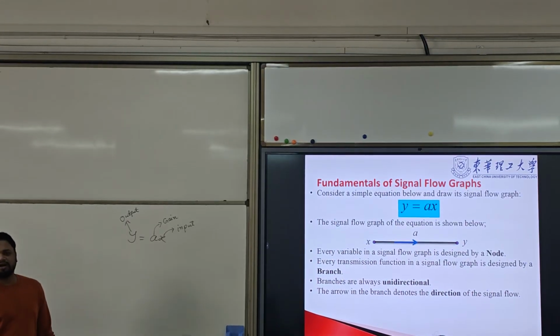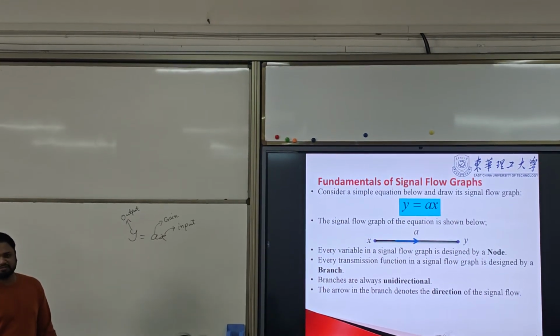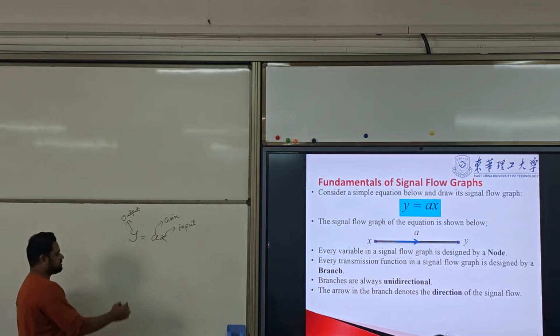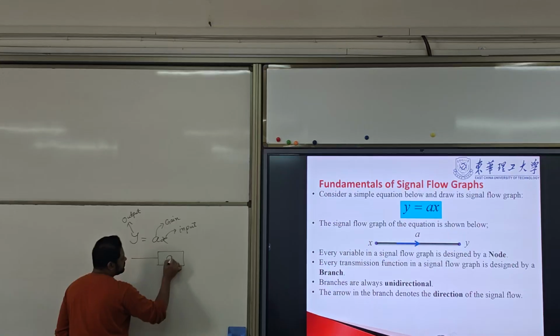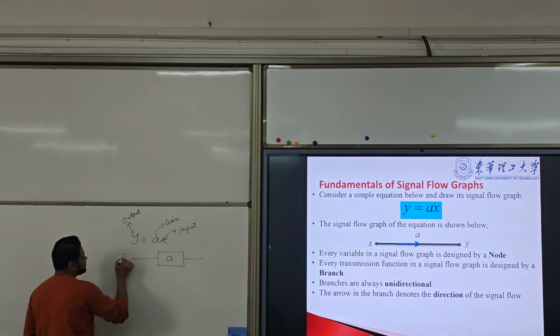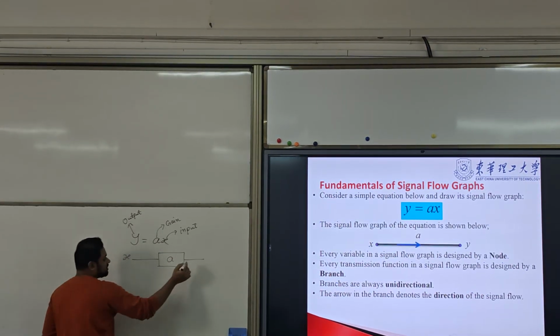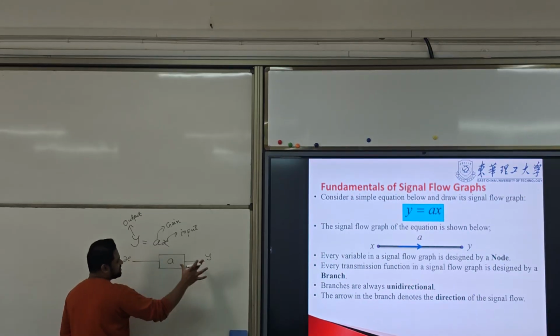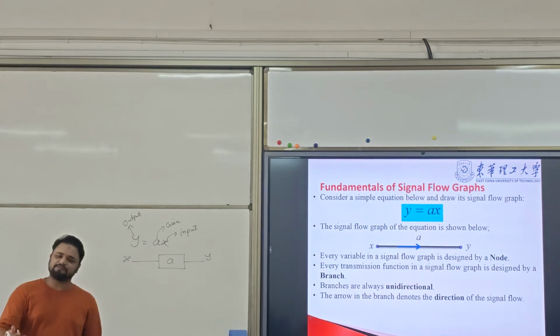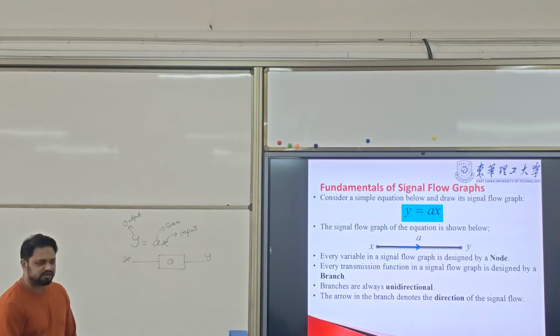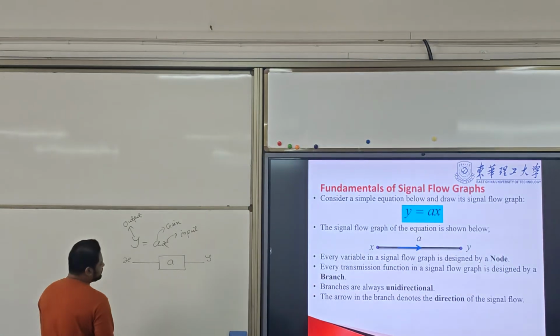Now, we know how to represent it in a block diagram. A rectangle block, with x on the input side and y on the output side. That's the block diagram representation. The signal flow graph is also a graphical representation. So, how do we represent it?